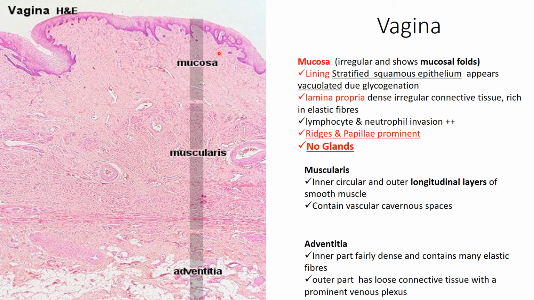So it is moistened by the mucus secreted by the cervical glands. And the muscularis is thick, with an inner circular layer that is not that prominent, and a longitudinal layer that is more prominent and thicker. They contain vascular cavernous spaces, and the outermost lining is the adventitia.